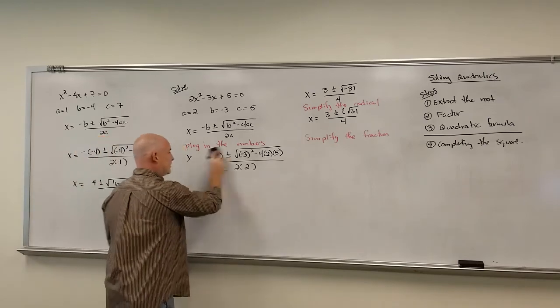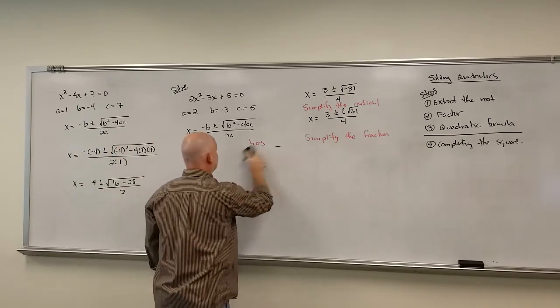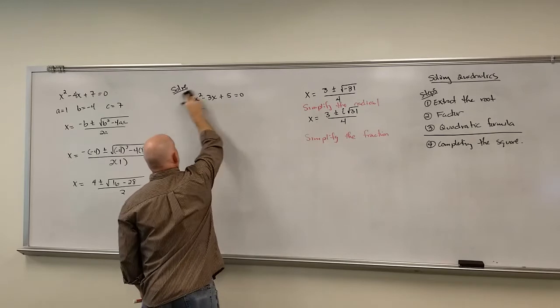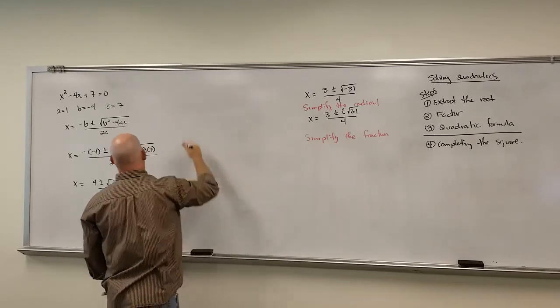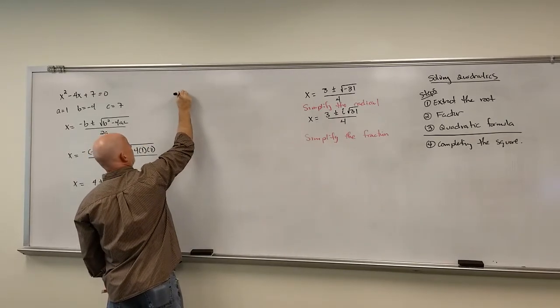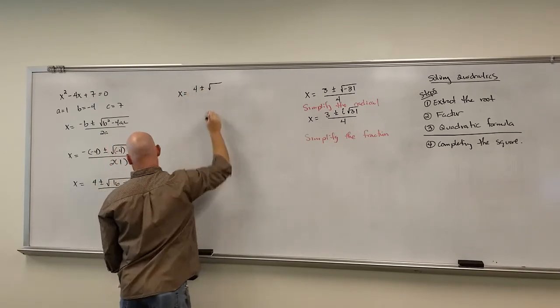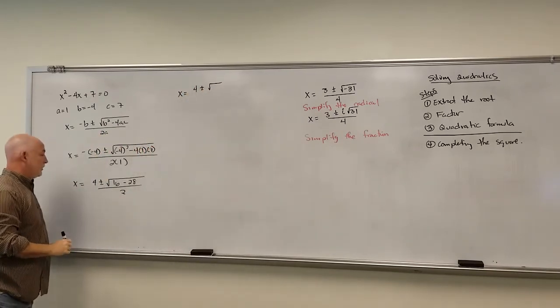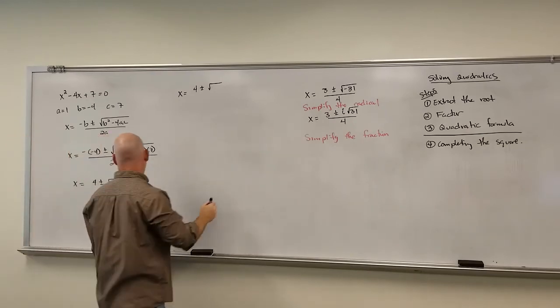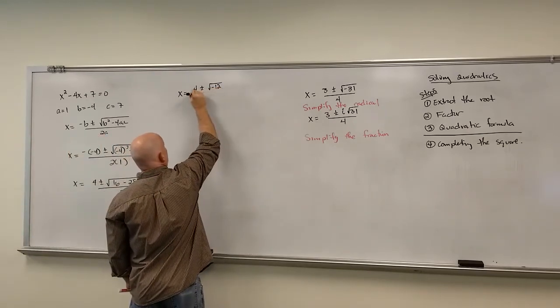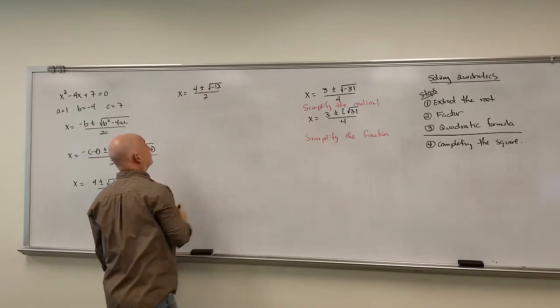Okay, so we still need to simplify our numbers a little bit. So we get, moving it up here just for a little bit more room, x is equal to 4 plus or minus the square root of, let's see, 16 minus 28 is what, negative 12, all over 2.